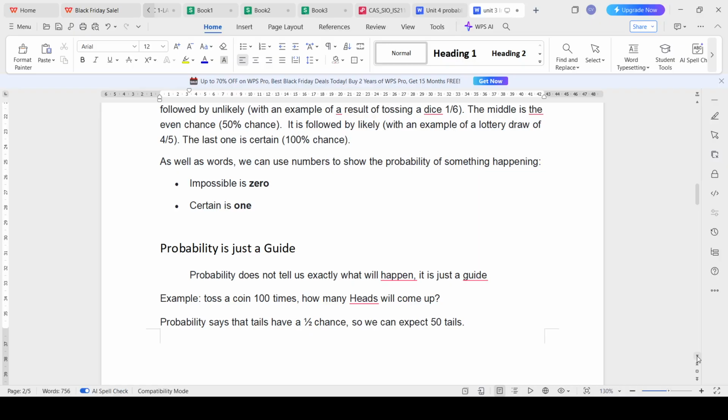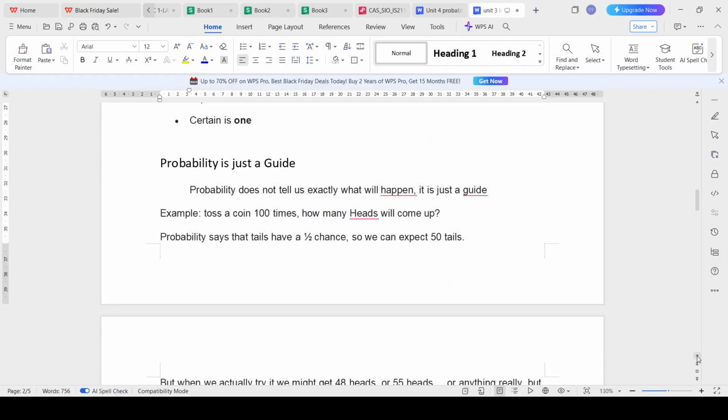Probability says that heads have a 1 half chance, so out of 100 tosses we can expect 50 tails or 50 heads. So for your activity, for 20 tosses, we're expecting around 10 heads and 10 tails.